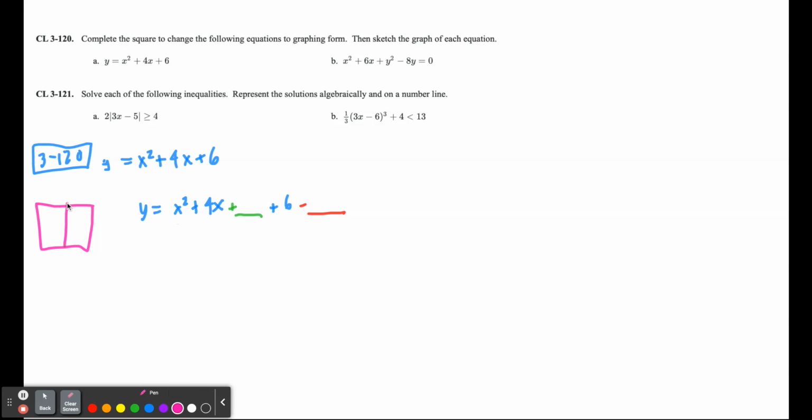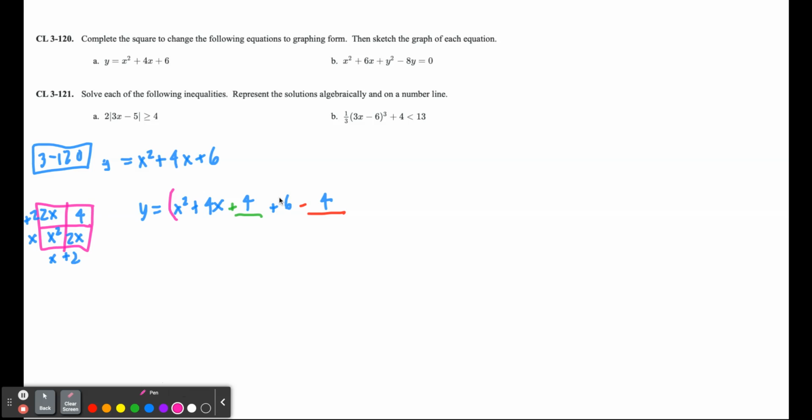So you put your x squared here, and then you split this into halves so you can have equal dimensions. And then you figure out your dimensions, so they should be the same, x plus 2 and x plus 2. And then 2 times 2 is 4. So that's what you add and subtract, right?